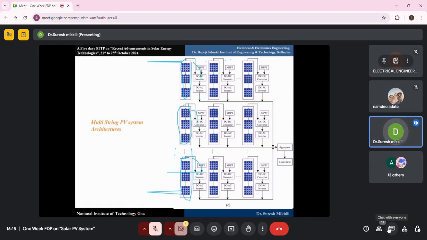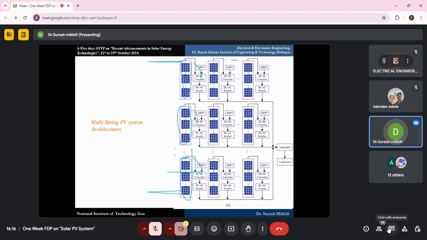So in the multi-string, the main thing is that instead of the entire string with one converter, the number of panels is limited based on the capacity of the DC-DC converter and the capacity of the inverter. Then we make the groups: how many panels to include in the first string, how many in the second string.